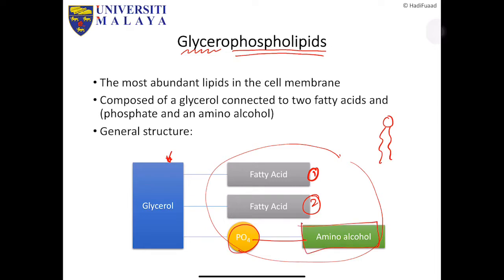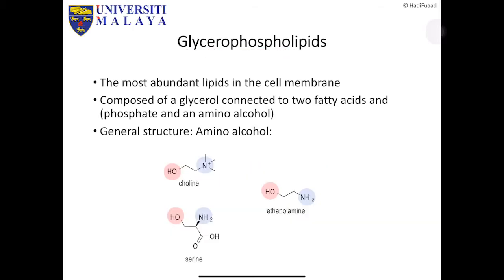That's the general structure of a glycerophospholipid. Examples of amino alcohols which you have encountered before are choline and ethanolamine, which some of you have used for your synthesis, and we also saw them when we were learning about proteins and peptides. We also have serine as part of an amino alcohol.